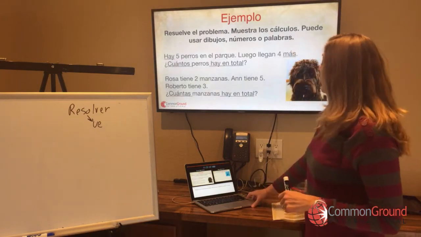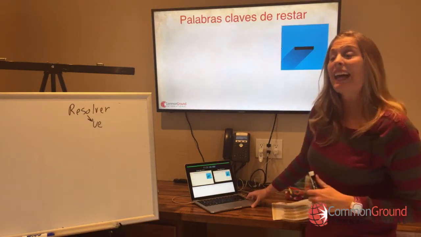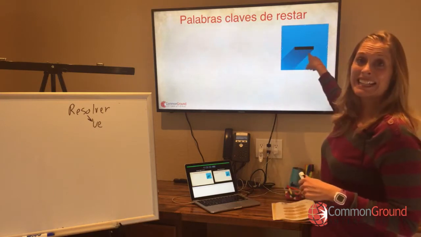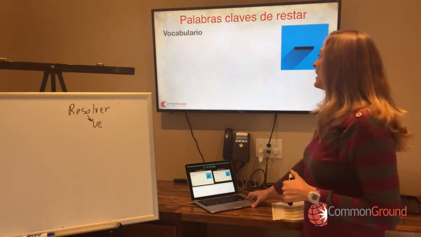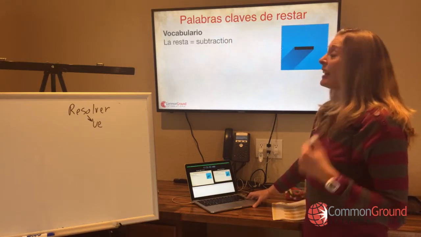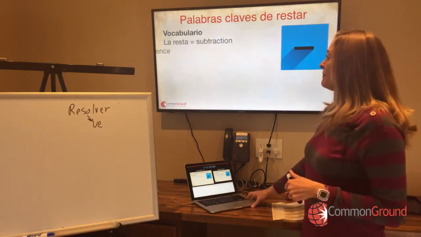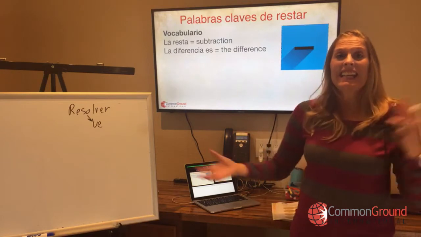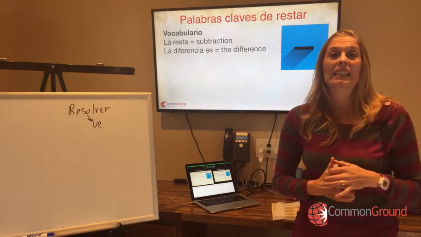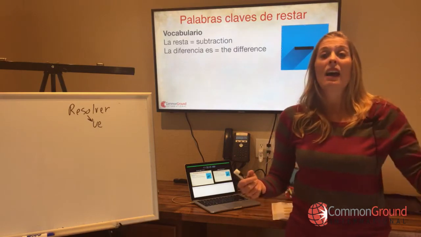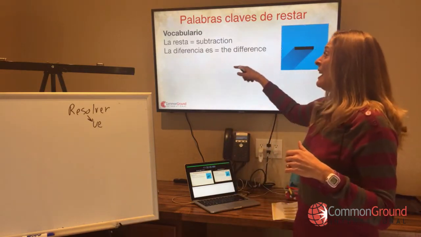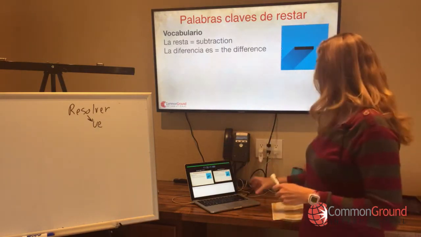Ahora vamos a hablar de las palabras claves de restar, of subtraction. Primero, el vocabulario, la resta is subtraction. La diferencia es, so oftentimes you're asking the students to figure out what the difference is between 2 numbers, which is part of la resta.